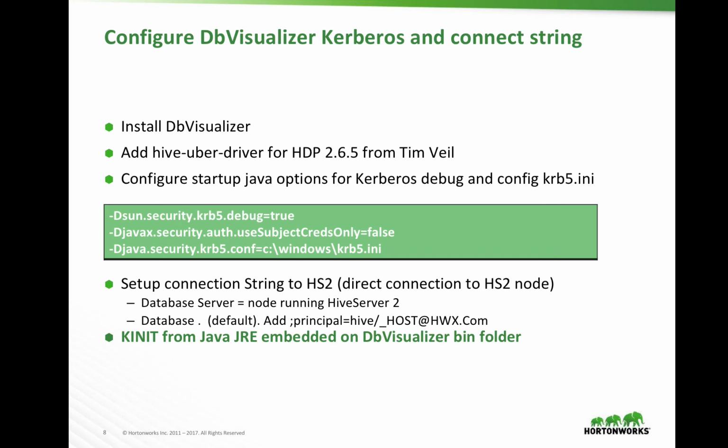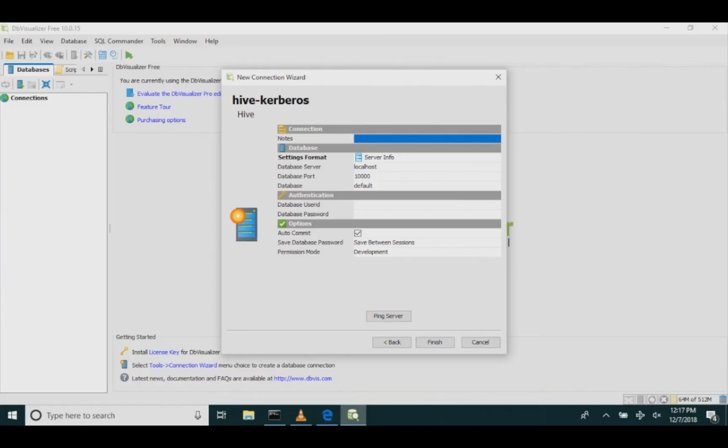So we need to enter that information in here and add this principal equal hive/host@realm. This is required because we're using Kerberos. So under database, we add this principal information, and on the database server field, we add the node which has HiveServer2 running.